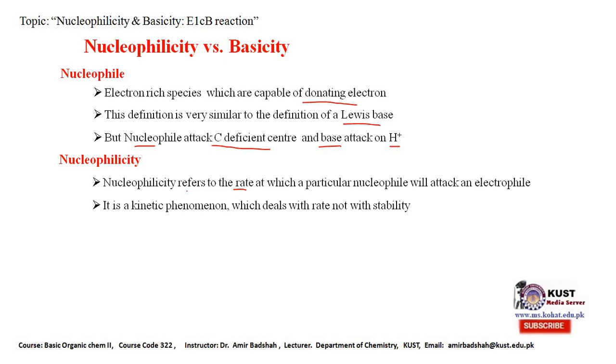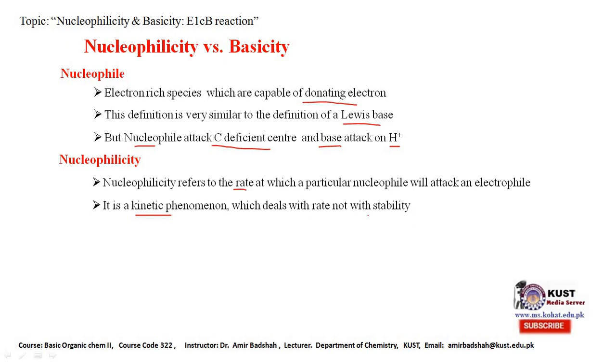If it reacts at a slower rate, then we can say that the nucleophilicity of the nucleophile is low. So nucleophilicity is totally a kinetic phenomenon. It means it deals with speed, or you can say it deals with the rate.